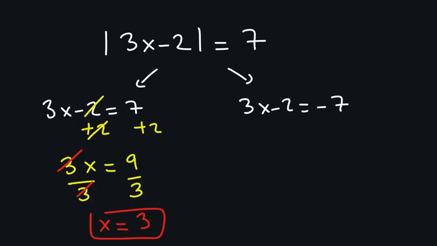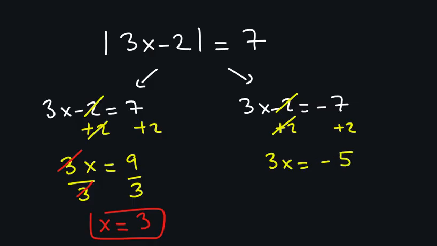Second case, 3x minus 2 equals -7. Again, I will start isolating 3x. So I'm adding 2 to both sides. -2 plus 2 are cancelled out. I have 3x equals -7 plus 2, which is going to be -5.